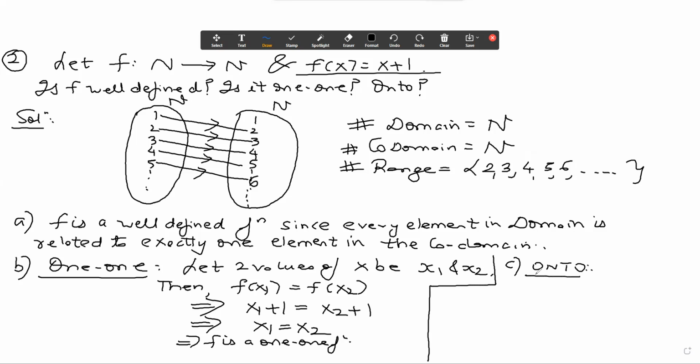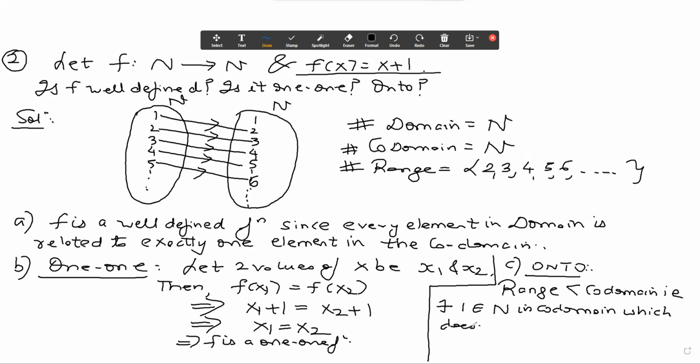Why? Because you can clearly see that the range is less than the codomain. That is, there exists 1 belonging to the set of all natural numbers in the codomain which does not have a pre-image in the domain, which is the set of all natural numbers.